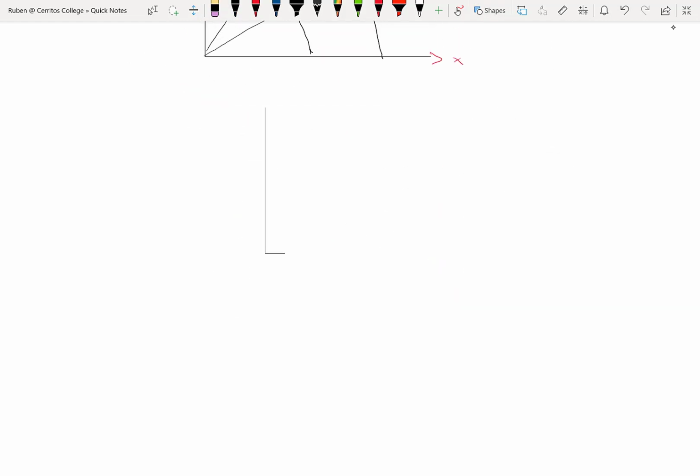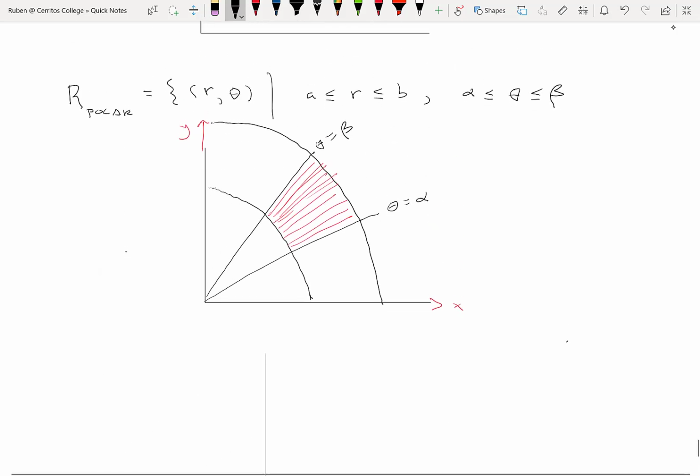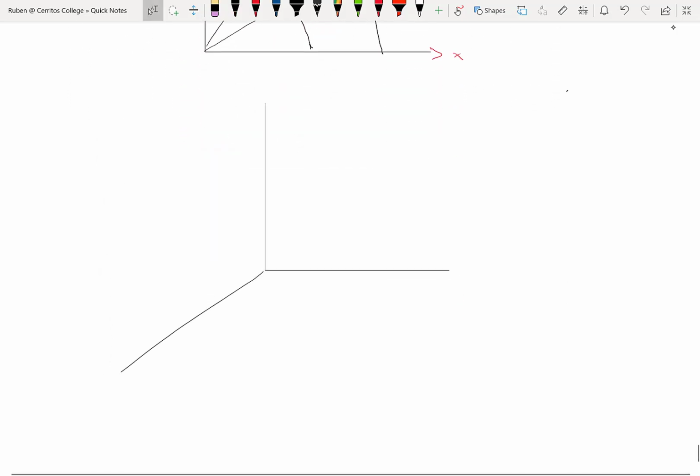We need another axis. So we're going to take a look at our usual place in 3D, the first octant, which is most drawable for me. And let's put this polar rectangle in 3-space.